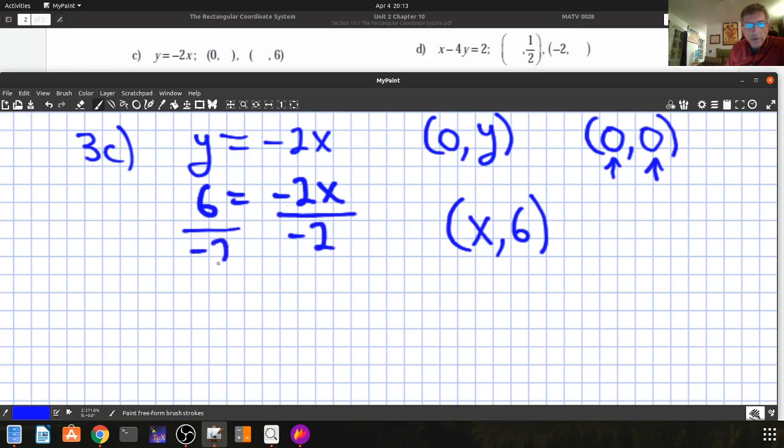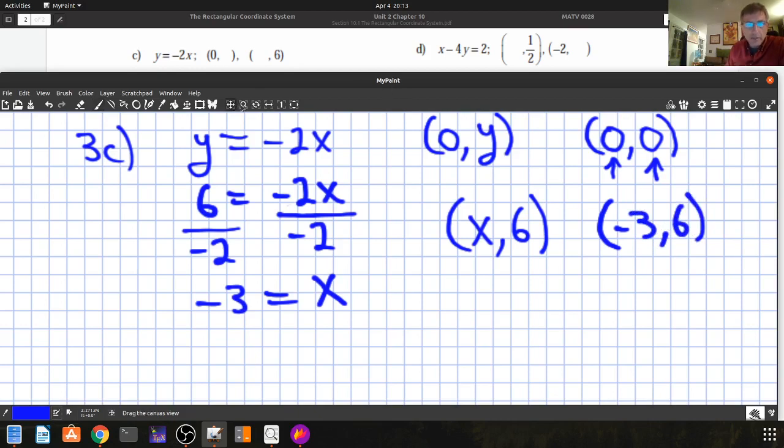Minus 2 divided by minus 2 is positive 1. So that gives me x by itself on the right-hand side. And 6 divided by minus 2 is minus 3. So this gives me the ordered pair solution minus 3 and 6. Good.